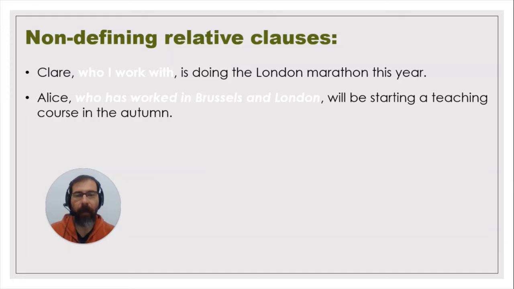Claire is doing the London Marathon this year. Alice will be starting a teaching course in the autumn. It's still possible to understand both sentences. The information we removed from the sentence was not essential to the comprehension of the sentences. They are non-defining relative clauses.